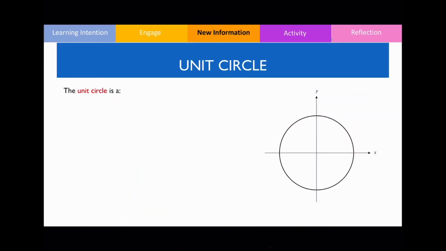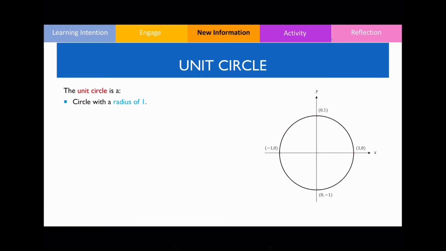Now, we've previously looked at what the unit circle is very briefly when we studied trigonometry. For those who have already forgotten, a unit circle is a special type of circle where the radius is equal to 1. And because the radius is equal to 1, you could actually label these 4 coordinates over here, okay?